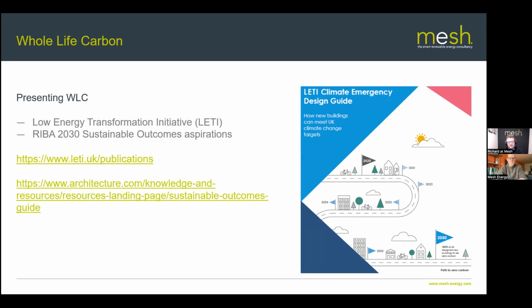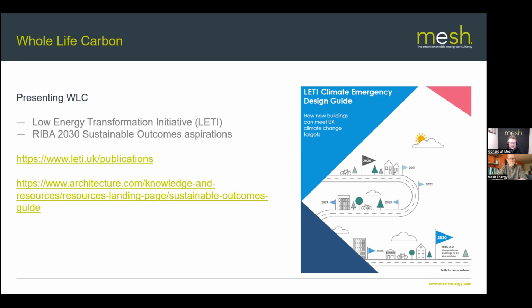So in terms of presenting whole life carbon, I think the Low Energy Transformation Initiative is probably the most robust, consistent means of presenting the data now. And the nice thing about it is that LETI is a pan-industry body, so it includes civils and structures, architects, building services, QSs. There's all manner of people involved in establishing the LETI design guides and metrics.